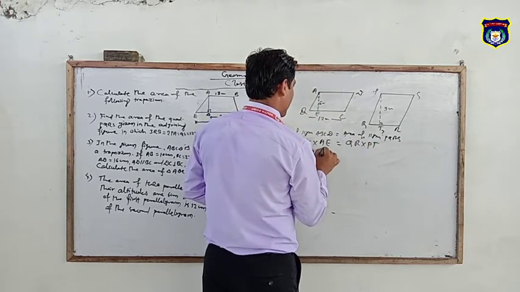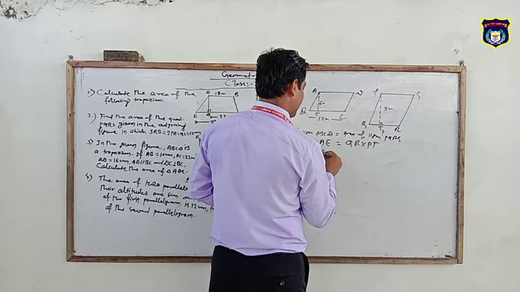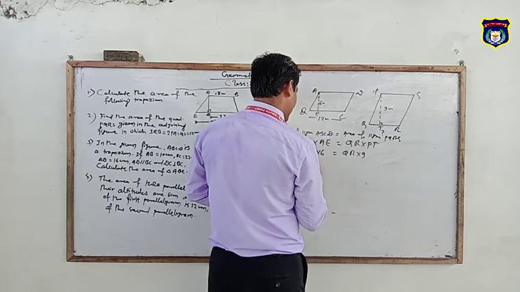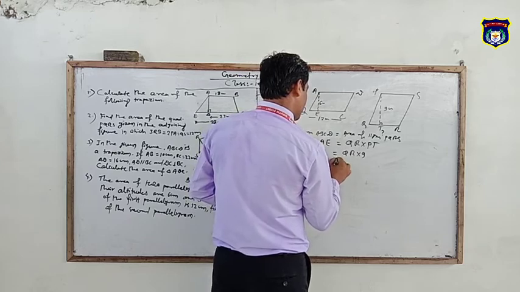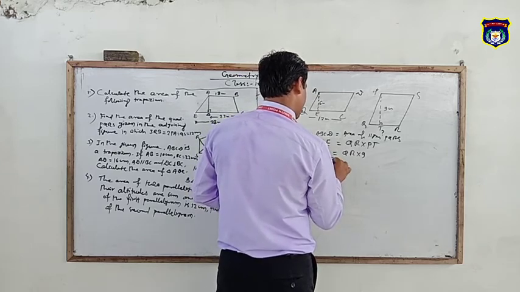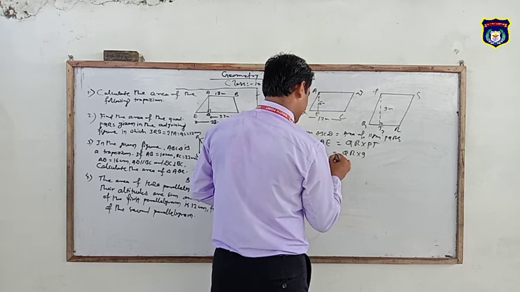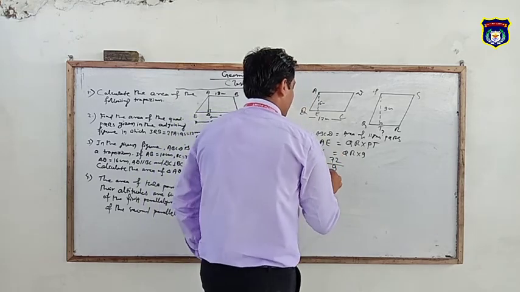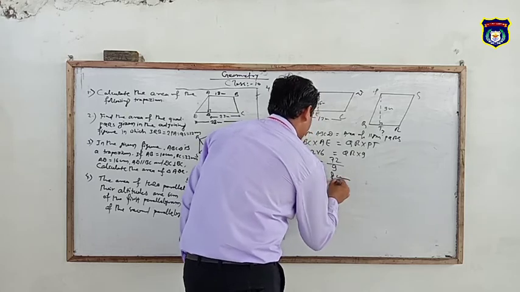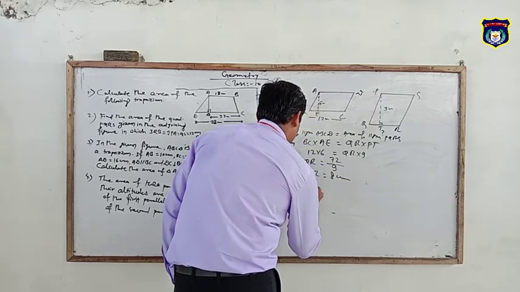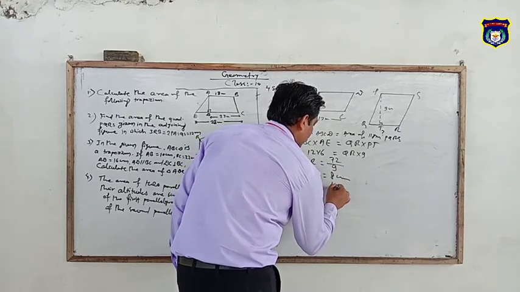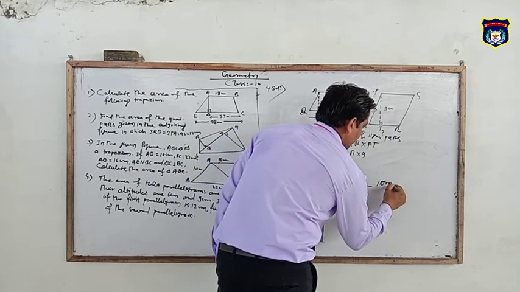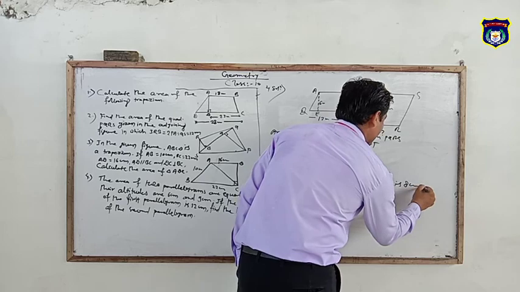BC is 12 and this is 6, equal to QR into 9, or QR equal to 12 into 6 by 9. QR is equal to 8 cm. Therefore, the required base of the other parallelogram is 8 cm.